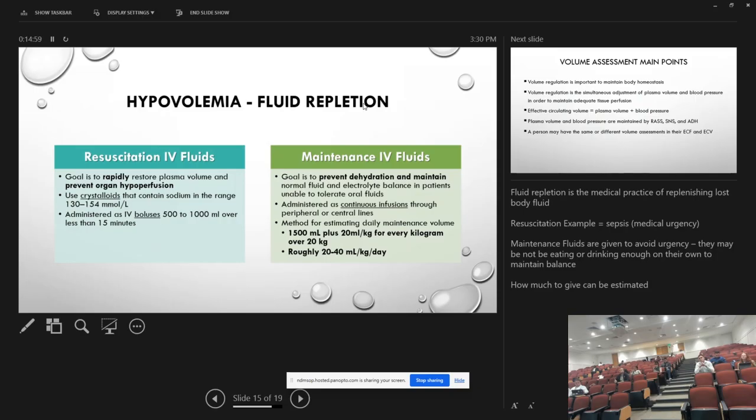If they have normal blood pressure and normal perfusion, then we're just going to use maintenance fluids, okay? We're just going to make sure that they have adequate maintenance fluids throughout the day to help them maintain their tissue perfusion.